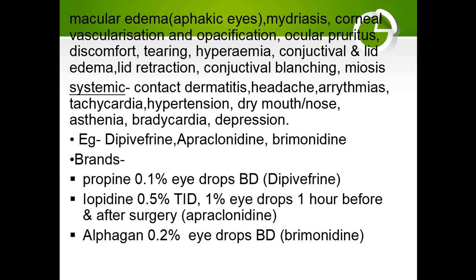It contains dipivefrin. Iopidine 0.5% 3 times a day, 1% eye drops 1 hour before and after surgery. It contains apraclonidine. Alphagan 0.2% eye drops 2 times a day. It contains brimonidine.